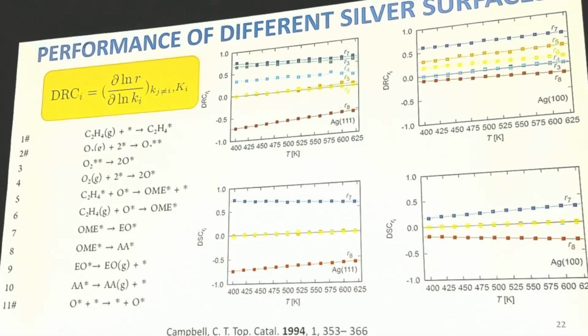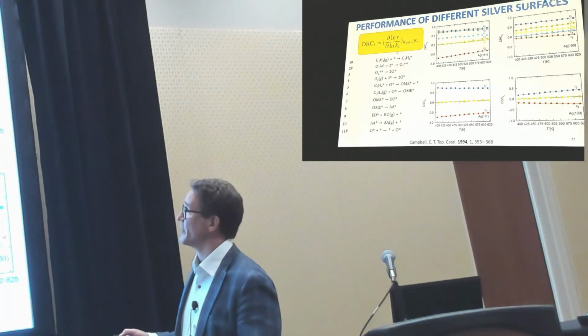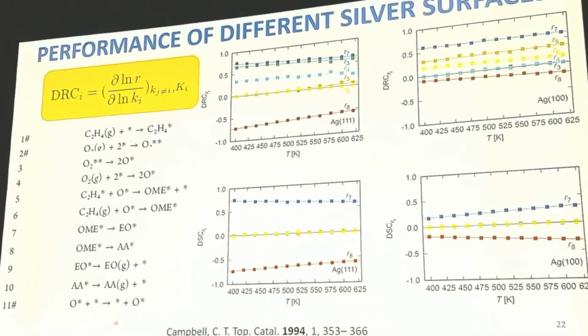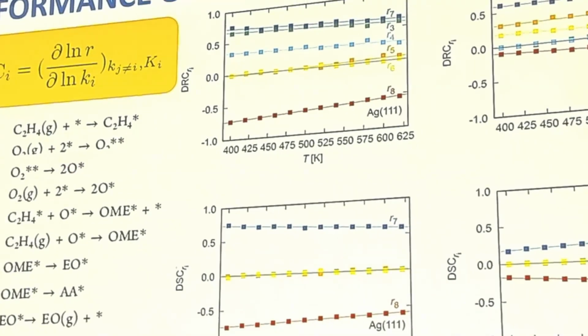You can also then dig into what is going on with the rate control steps, the selectivity control steps. Then you can see something that's sort of what we would expect from this kind of reaction. And then for the rates, you define the rate like this, and then you can follow the different contributions from all of these. You then see that, of course, it will be this one that handles the rates under these conditions, and it's also competing with the oxidation, or with the rate of the oxygen.